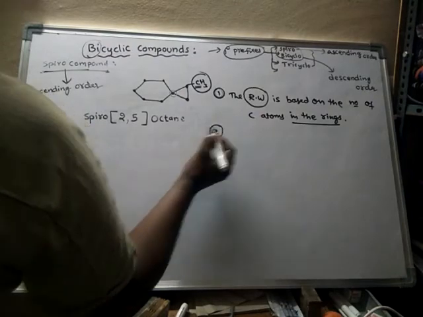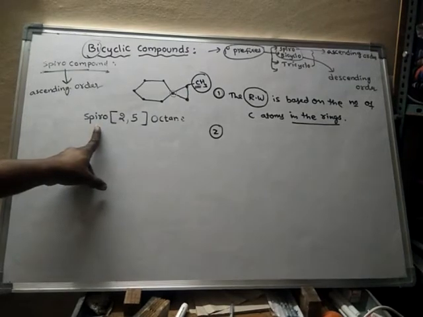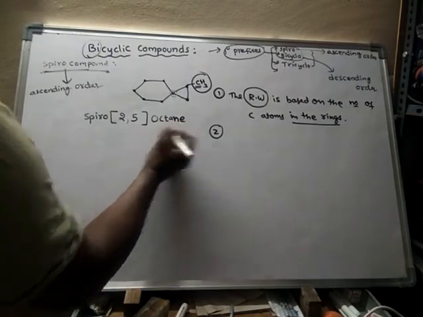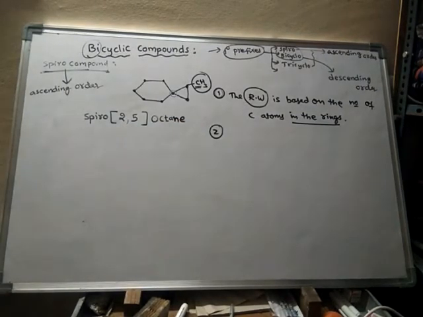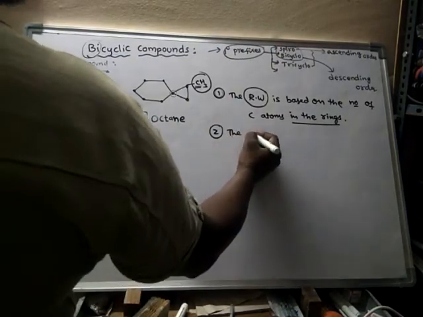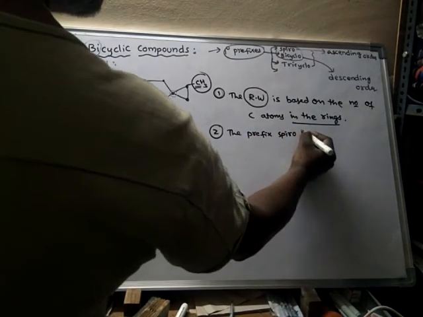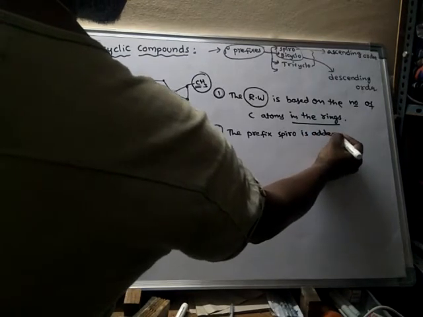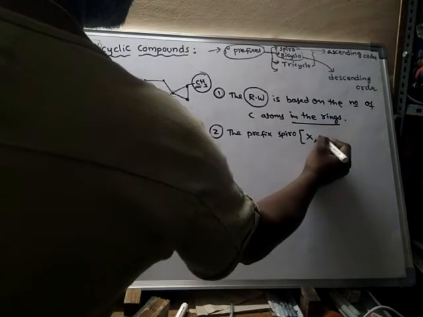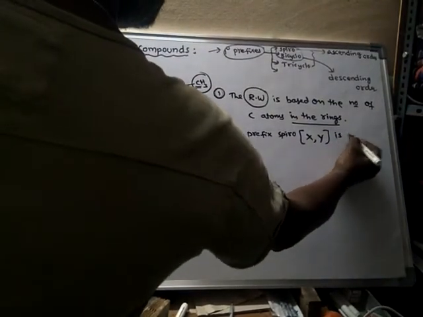Next, the prefix spiro is added to the name. The prefix spiro is added to the name. I will write the rule like this: spiro[x,y].